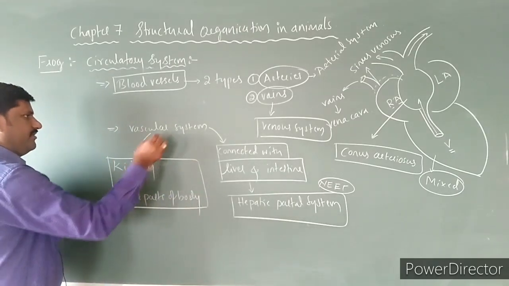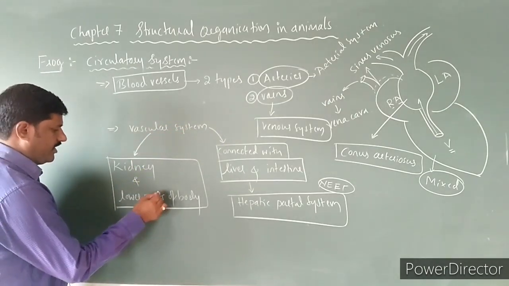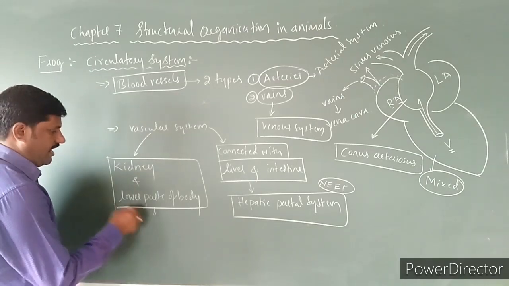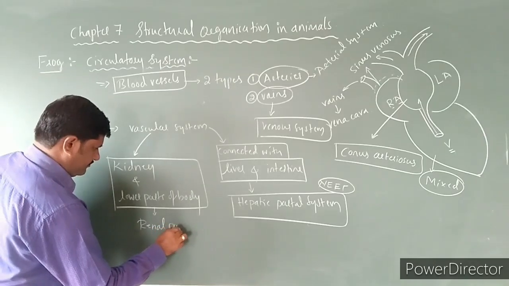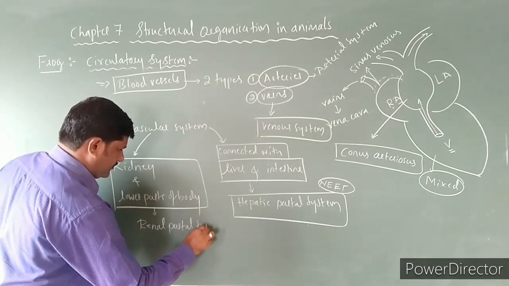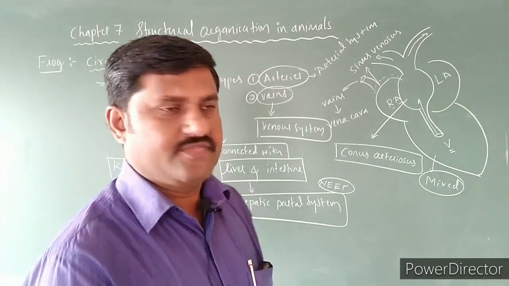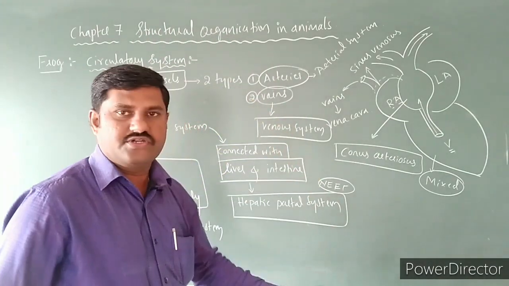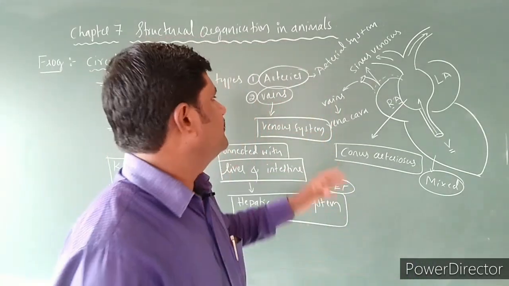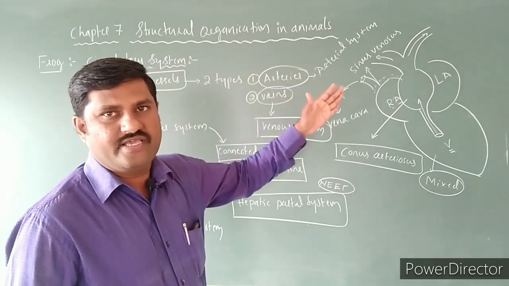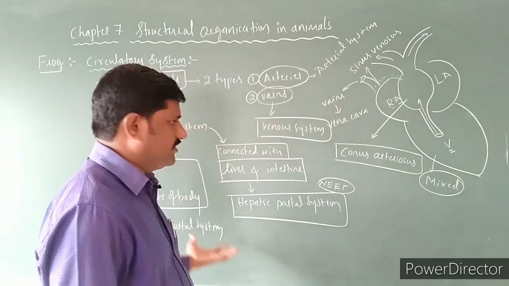If the vascular system is connected with the kidney and lower parts of the body, then it is called the renal portal system, right? So these are the facts you should know regarding this blood vascular system. What are the parts that we come across in the blood vascular system? First one is the heart. So this is all about the heart.